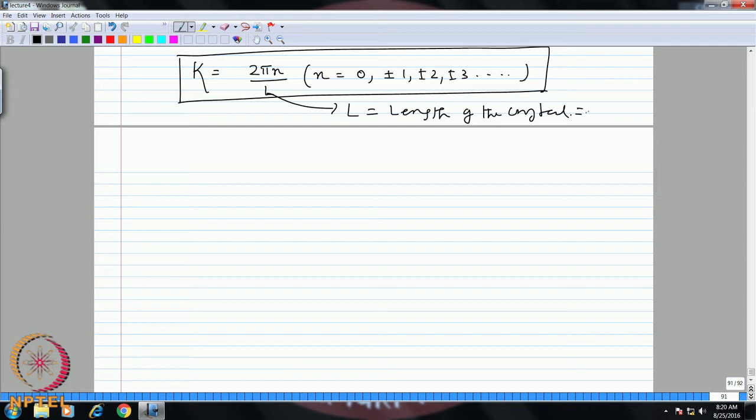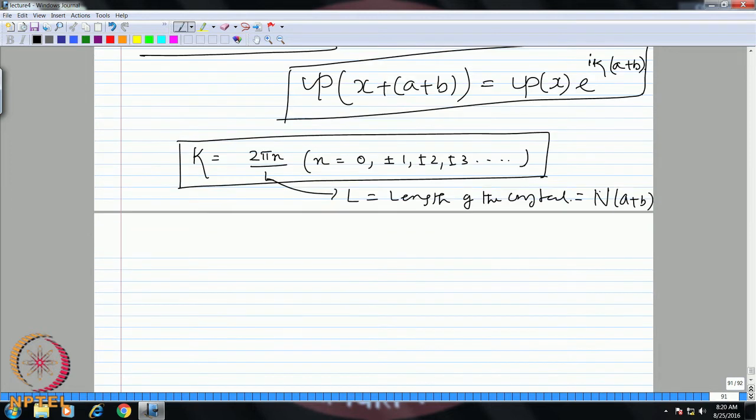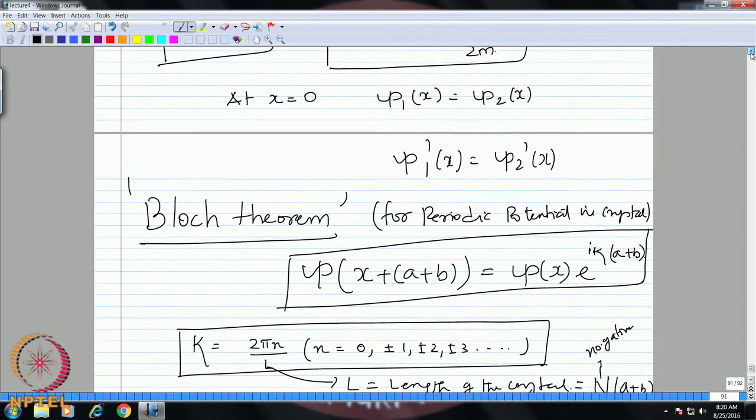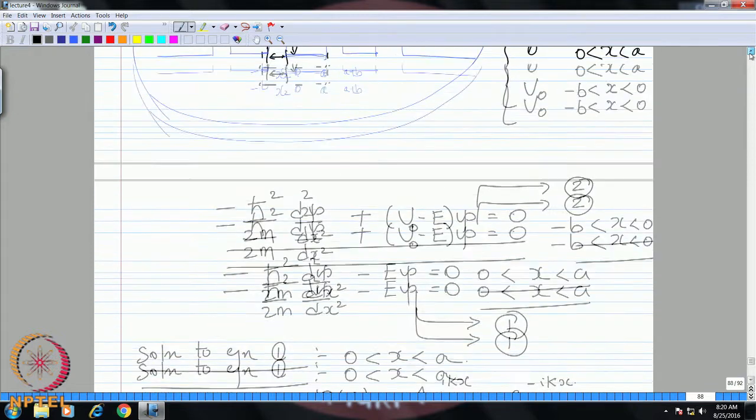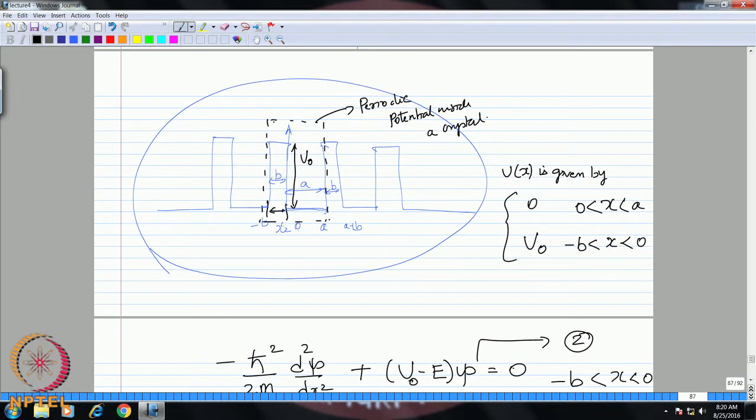It can be expressed as capital N into a plus b, where N is the number of atoms. So, if you are looking at this potential that we have written here, it is periodic every a plus b. If you have N number of atoms, the entire crystal length will be N times a plus b.